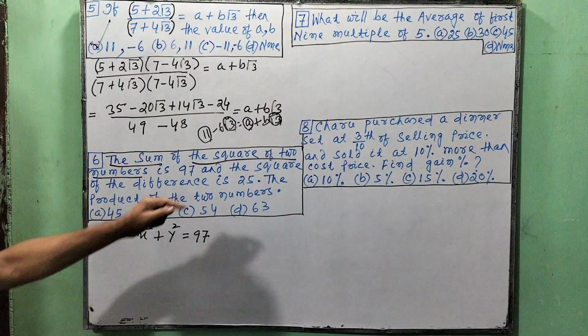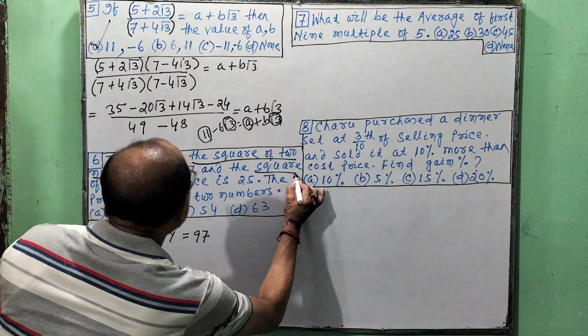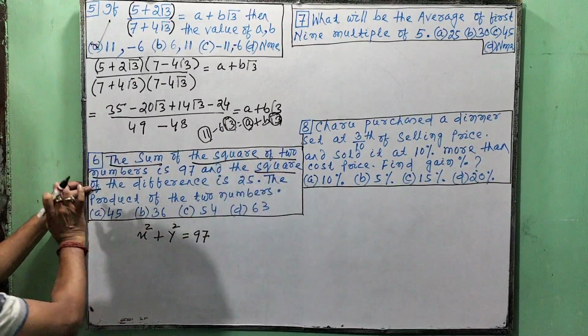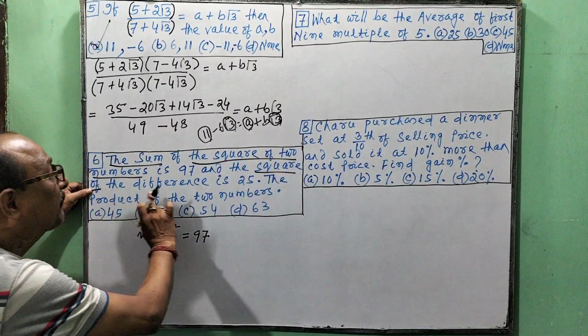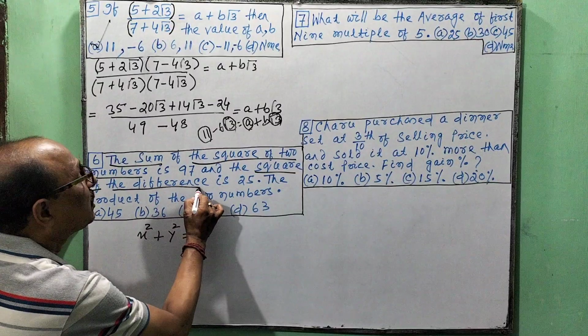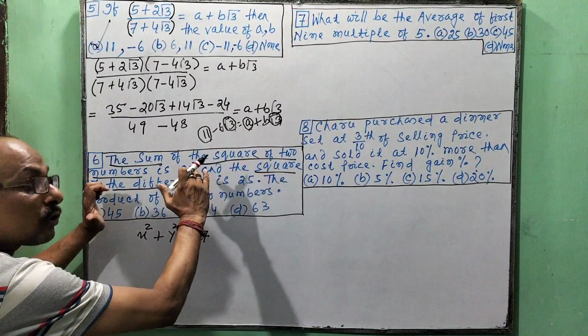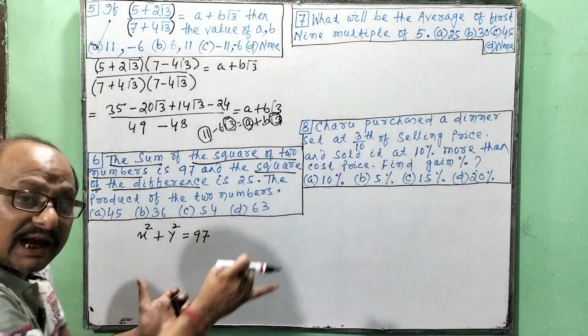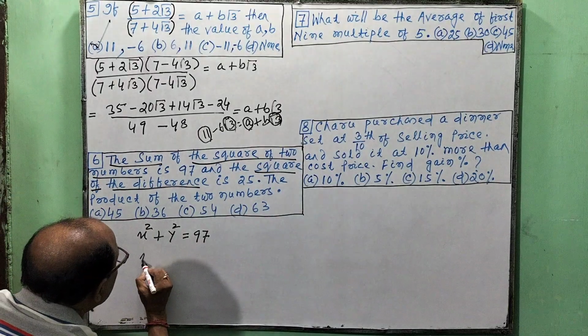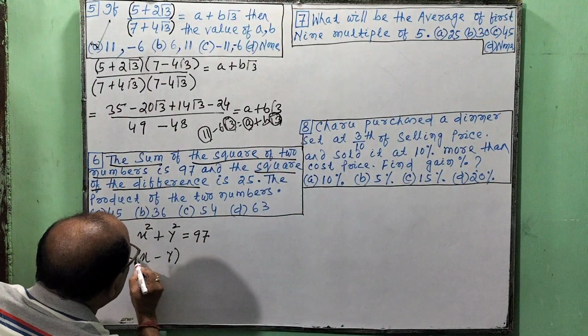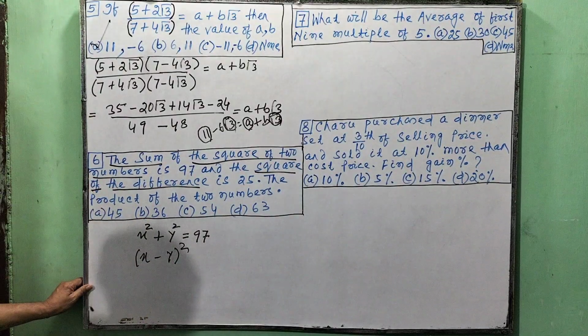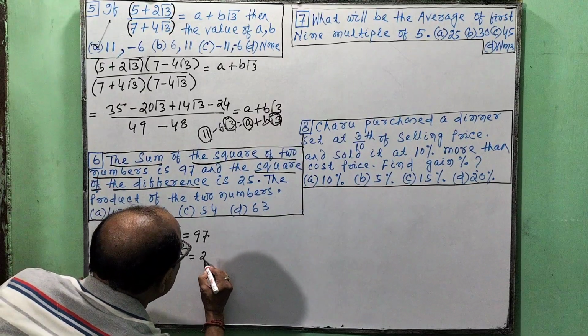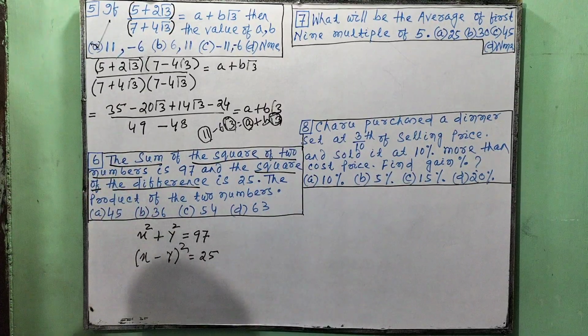And the square of the difference, the square of what? The difference of the two numbers, squared. That means (x minus y) whole square is equal to 25.